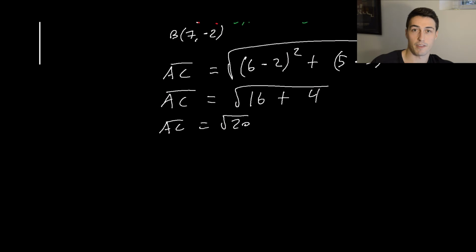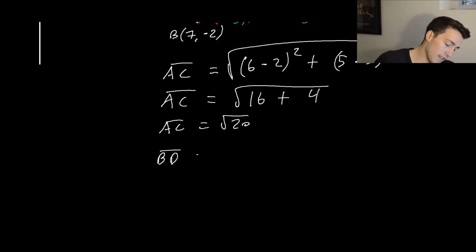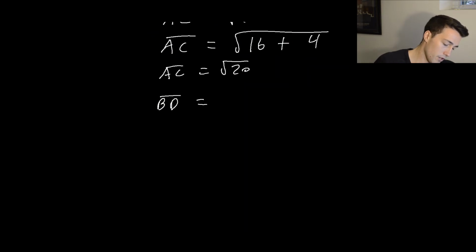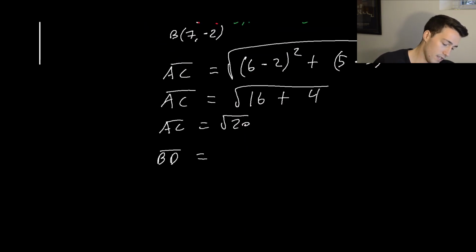Now we're going to do the same thing for line BD. Point D is 7, negative 2, so the x distance is 1 to 7.